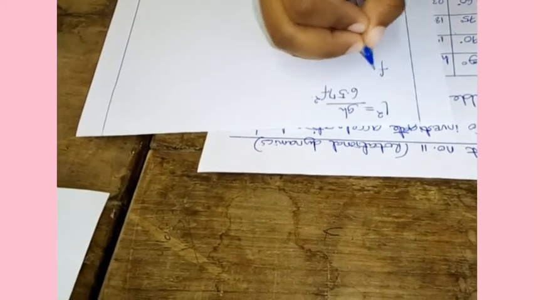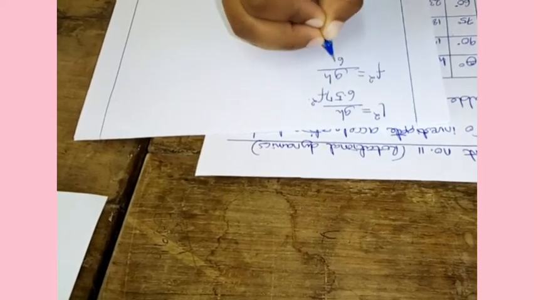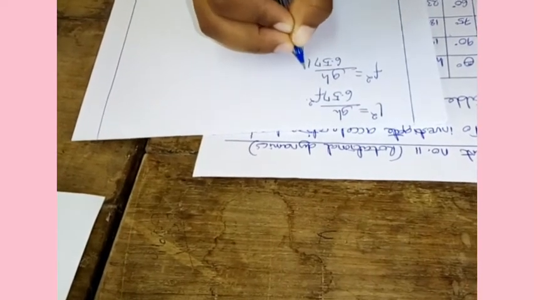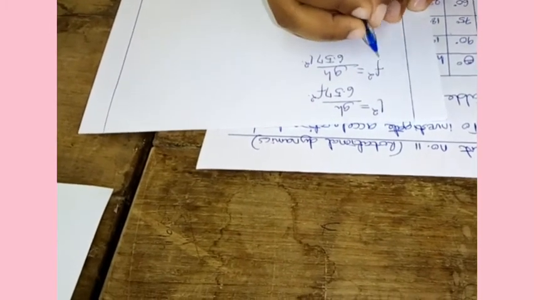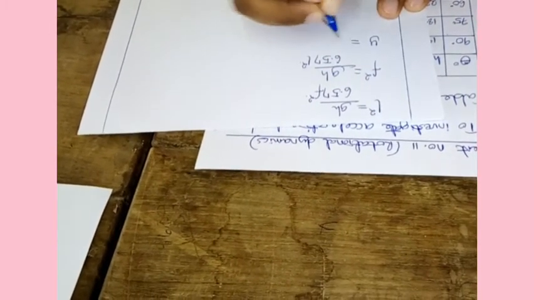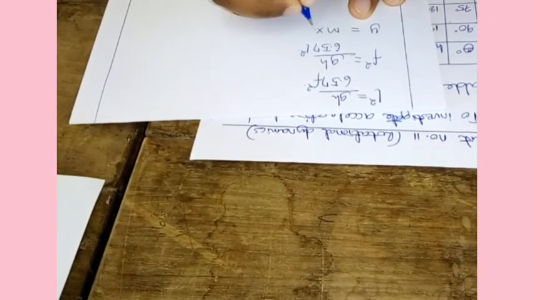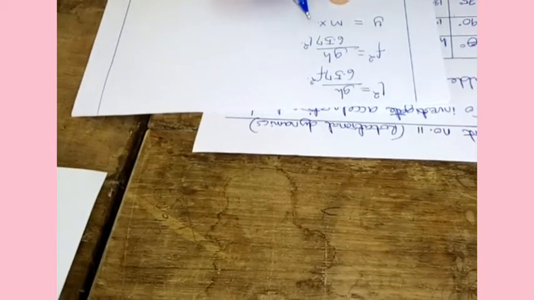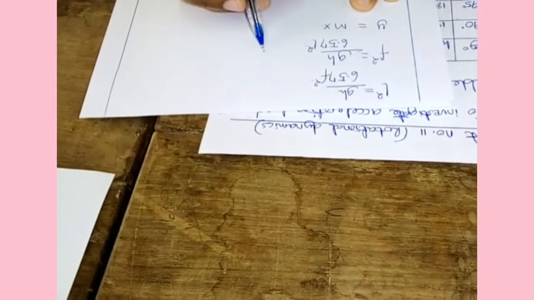It will be F square is equal to GH over 6.57 L square. Then tunajua kwamba grafu yetu hii imesimama katika y axis from the equation ambayo ni y is equal to mx. Hatuna intercept.